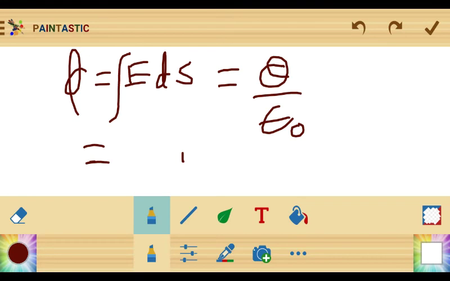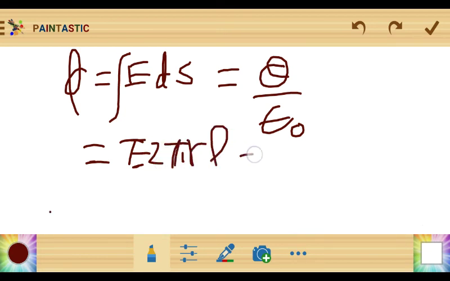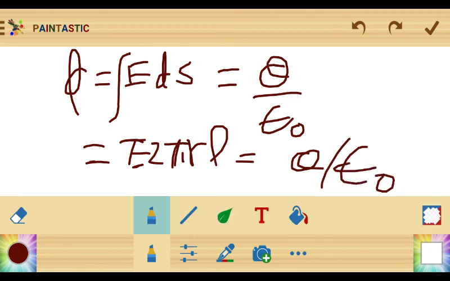So it will simply be E times 2 pi R L equals Q upon epsilon 0. Here E is the electric field, and by solving this you can find the value of E, which is Q upon 2 pi R L epsilon 0.